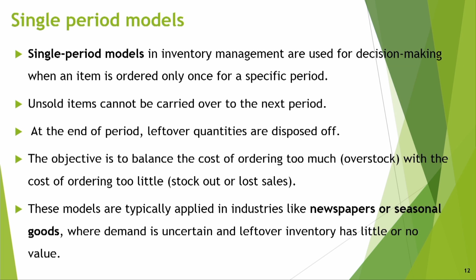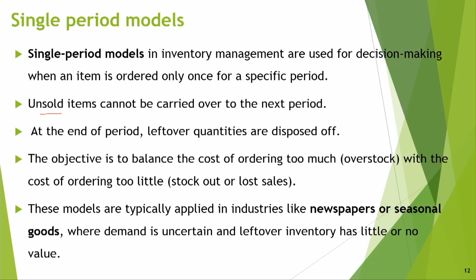Similarly, if I purchase bananas and they can be stored for 3 days, that is one type of situation. There is no question of letting the holding cost increase and holding for 10 days. This is not the question here, because unsold items cannot be carried over to the next period.